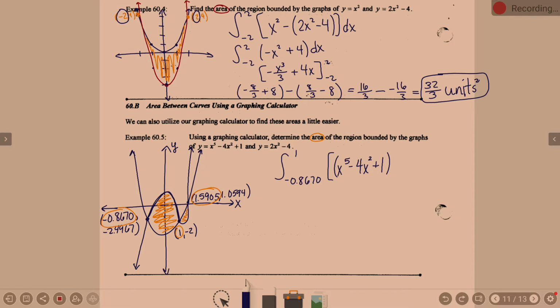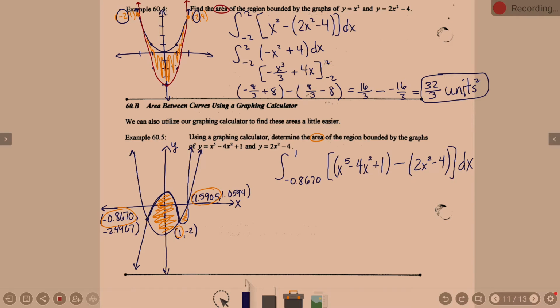Notice I put that in parentheses, which, I don't know, maybe you can get away without that one being in parentheses. Then we're going to subtract, and this other one has to be in parentheses, doesn't it? 2x squared minus 4. That's the big chunk.